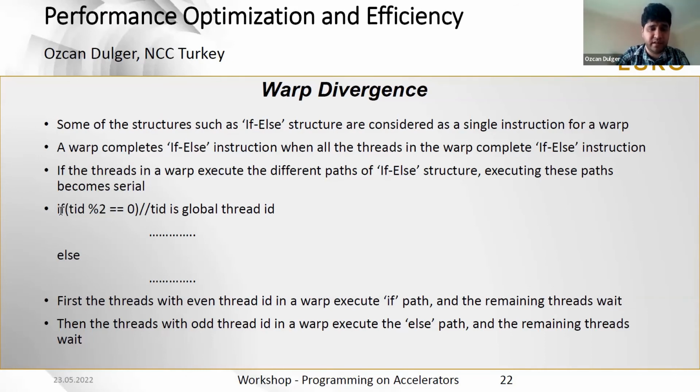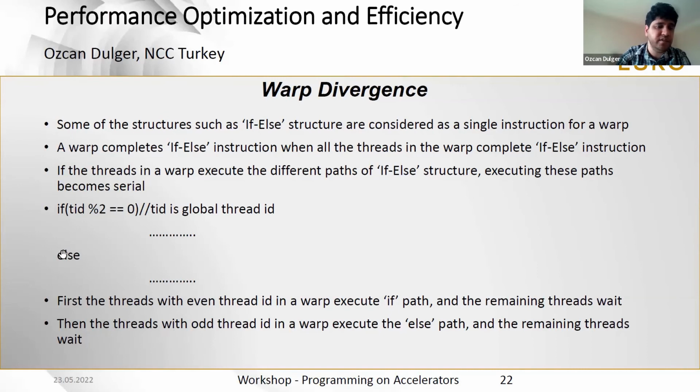Let me show you an example here. PID is the global thread ID, and we perform a modular operation over the global thread ID. In this example, at first the threads with an even thread ID in the warp execute the if path, and the remaining threads are idle.